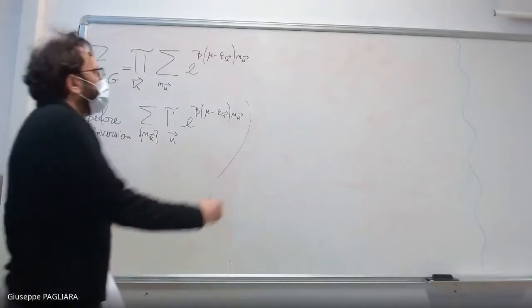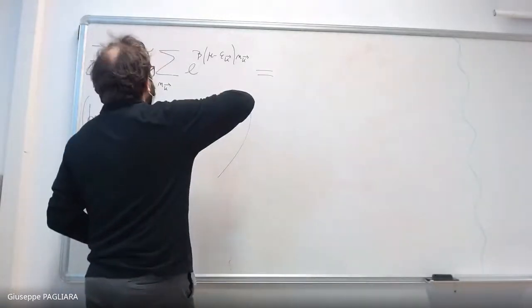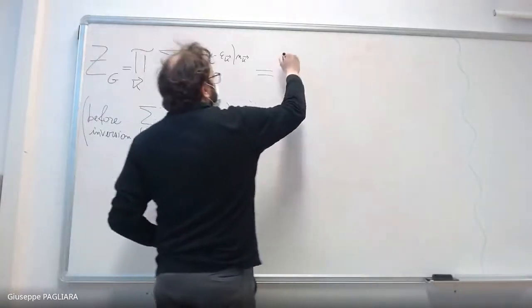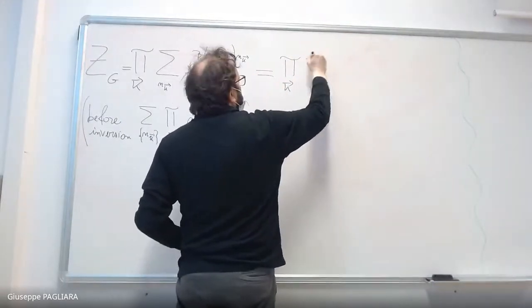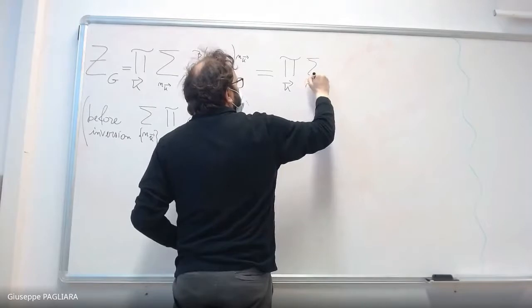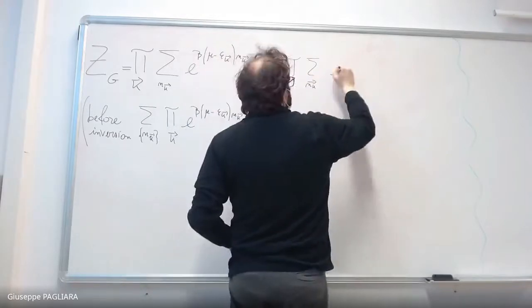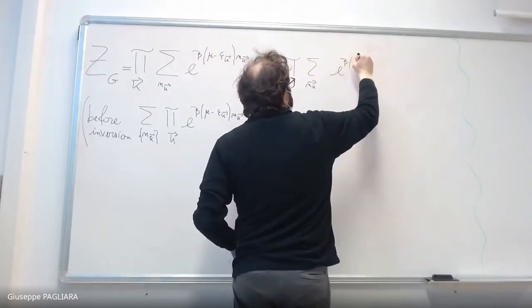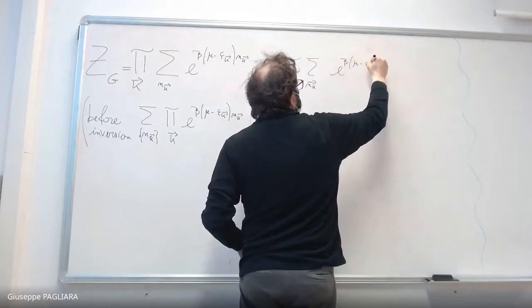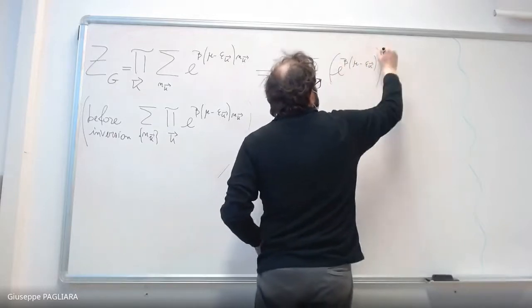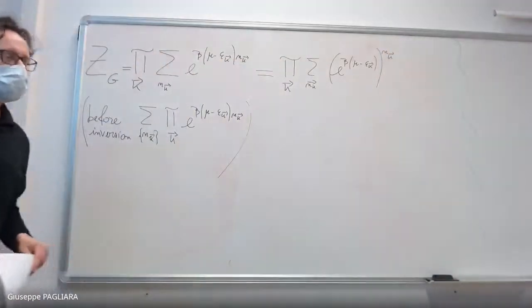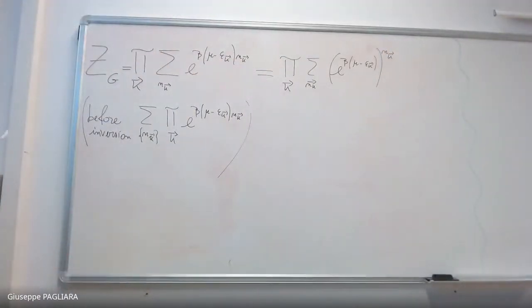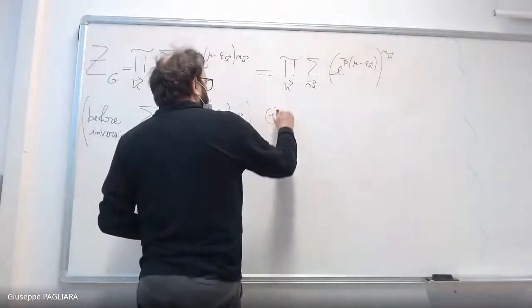Okay, so now let's work out a little bit this. This is the product over k of the sum over nk of e to beta mu minus epsilon k to the power of nk. Now here there is a bifurcation. One was Bose-Einstein.